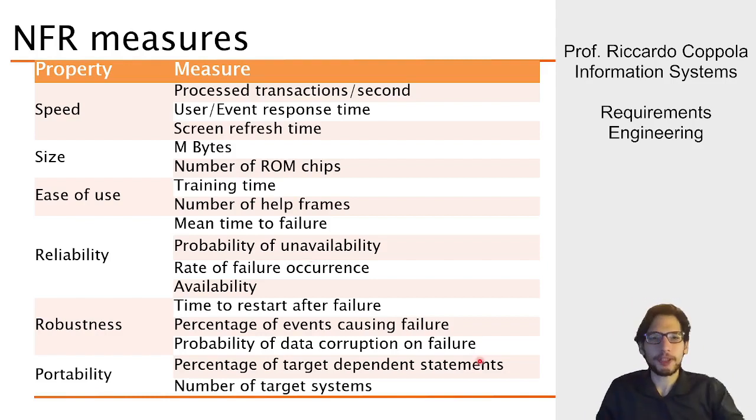There are many different measures that can be used for non-functional requirements. You have just some examples here, but for instance, if I think of reliability, so how dependable is my system, I can measure the rate of failure occurrence, so how many errors I can have. Or if I think of portability, I can say how many target systems I need.